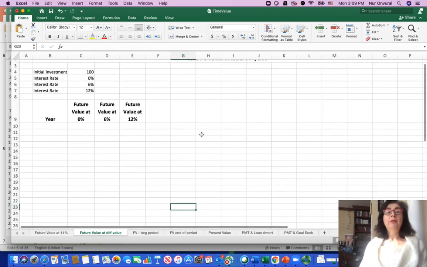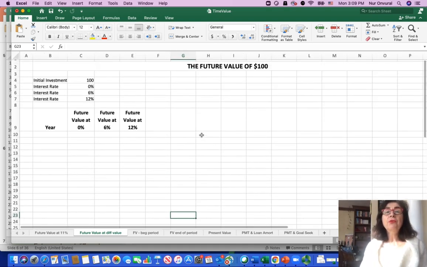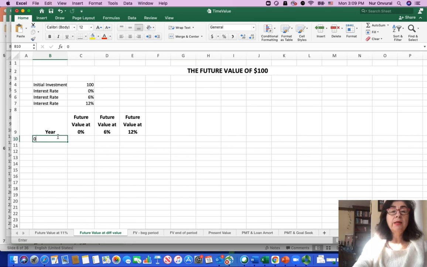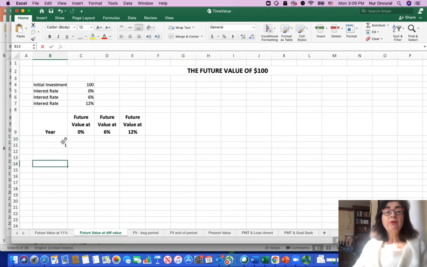What if we want to calculate the future value of $100 at different interest rates? As you can see, I have 0%, 6%, and 12%. So I can start by entering the years. I have to enter the first 2, 0 and 1, and then copy that down.